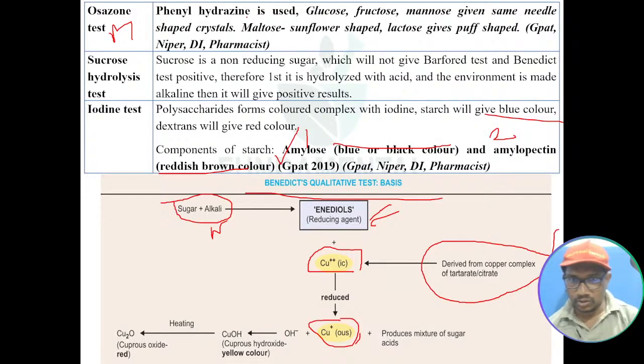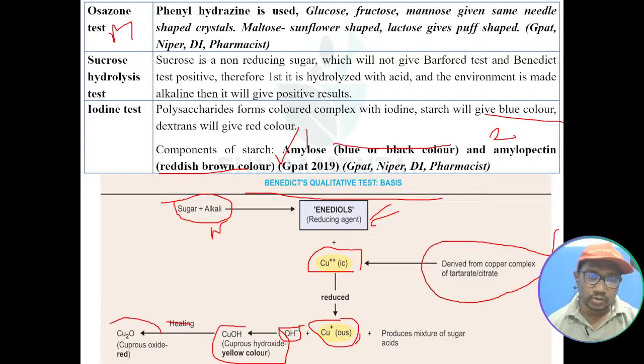This cuprous ion reacts with the hydroxide ion to form cuprous hydroxide, which is yellow, and on heating it is converted into cuprous oxide, which is red. Red color means a positive test.